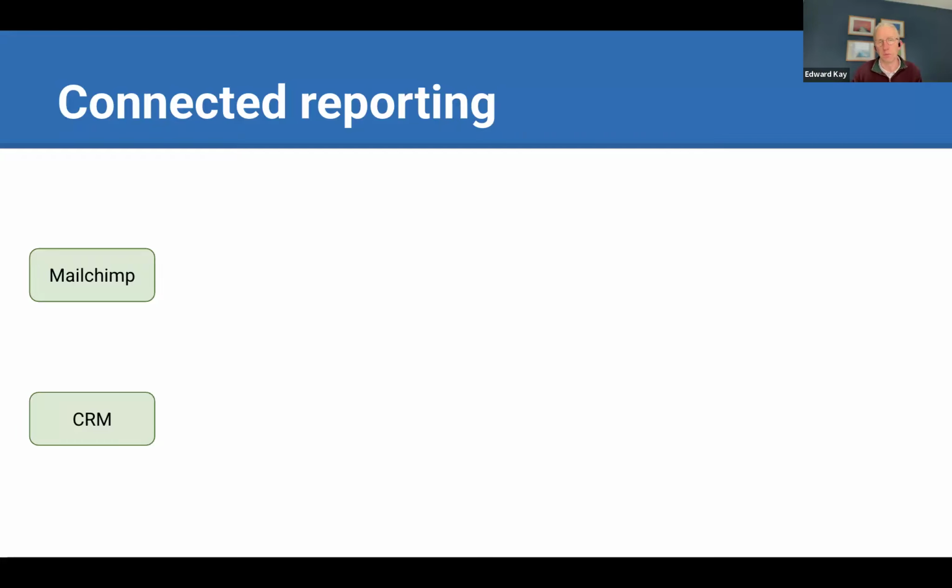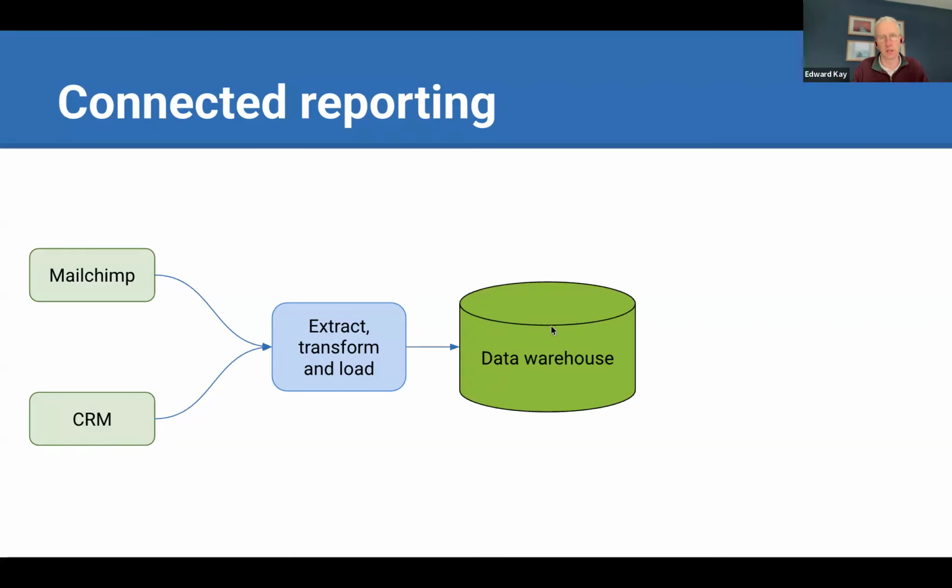But what we can do with connected reporting is be a little bit more intelligent with that. This is where we use a process called ETL, or extract, transform, and load, where you connect these tools up and suck the data out, then take the relevant bits you want and shape that into a data warehouse.